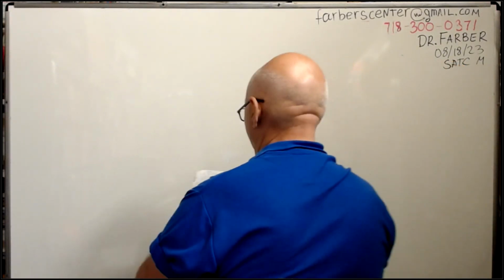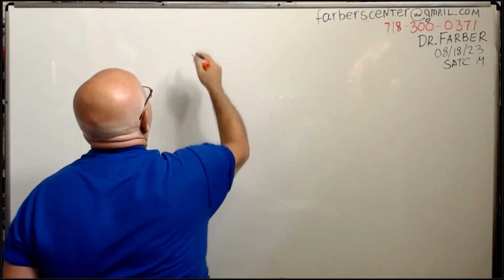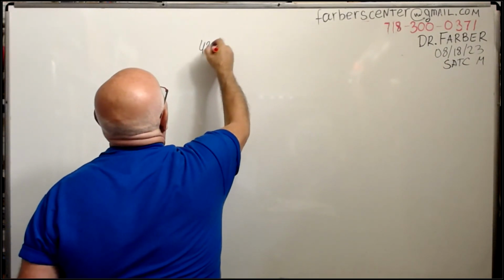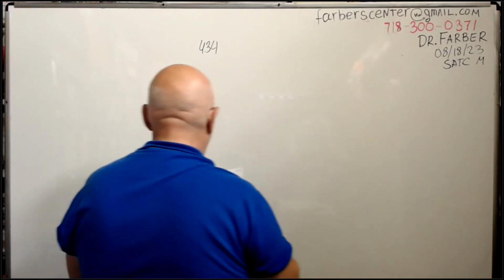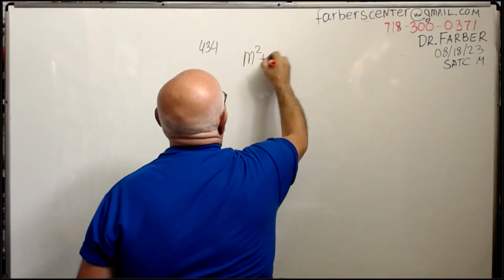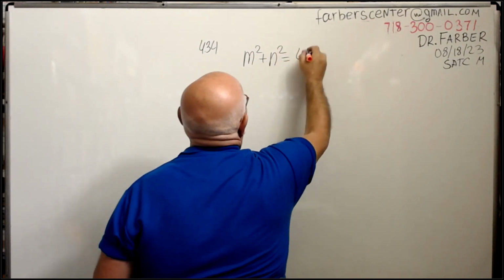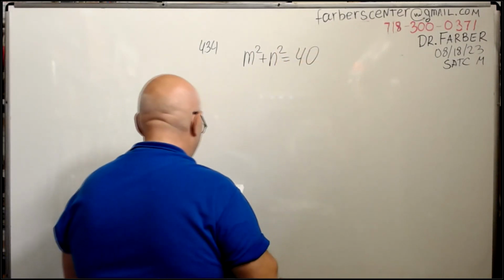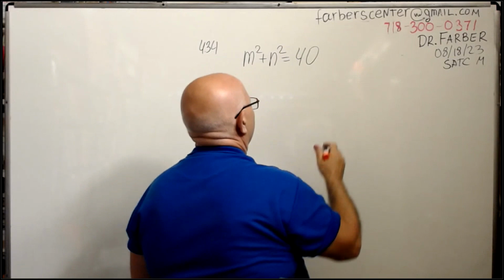In 434, they said that m squared plus n squared equals 40. Now, very important.